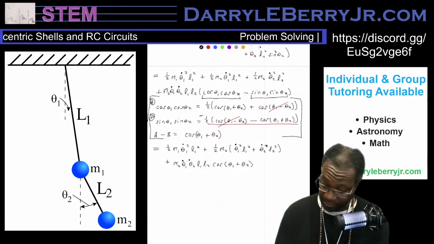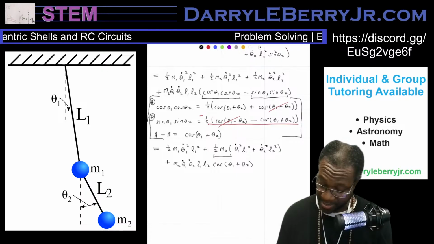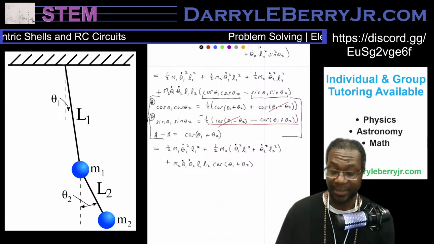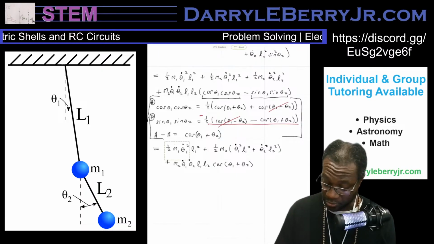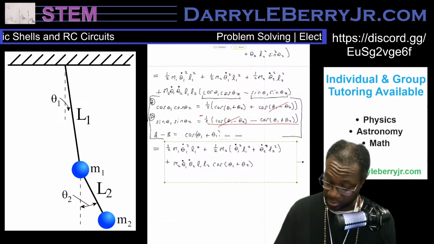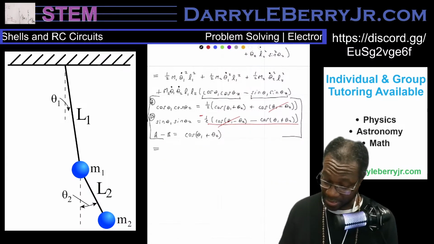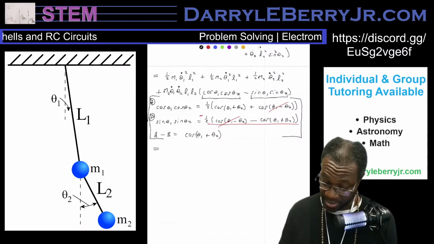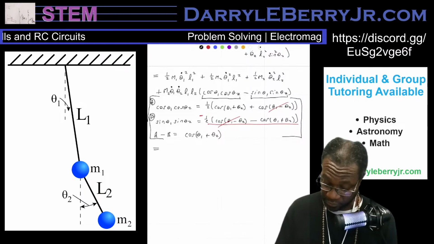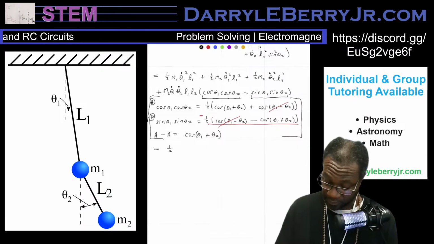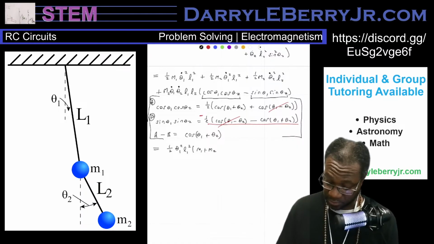So here I consolidated based upon the mass. And I should consolidate based upon the generalized coordinates to make the later parts easier. So looking at the generalized coordinates, we have theta 1 squared for the first two: 1/2 theta 1 dot squared L1 squared times M1 plus M2.